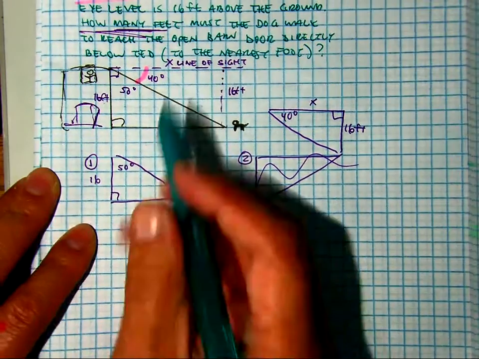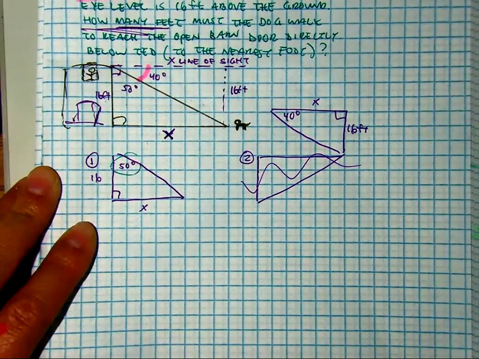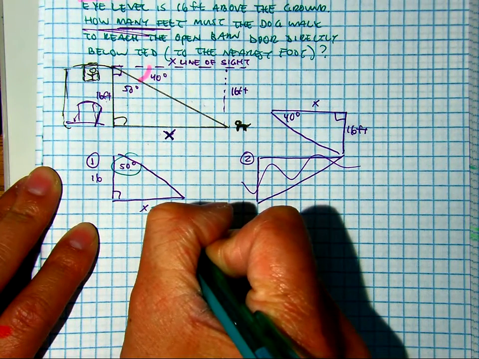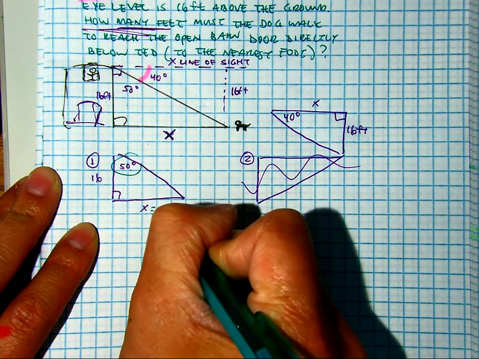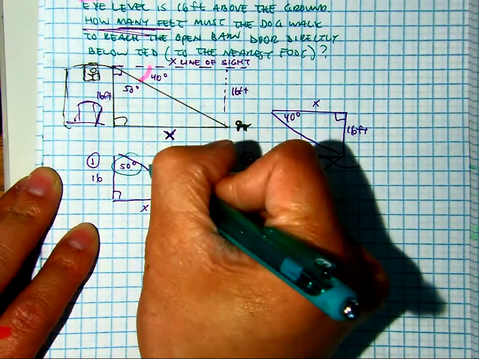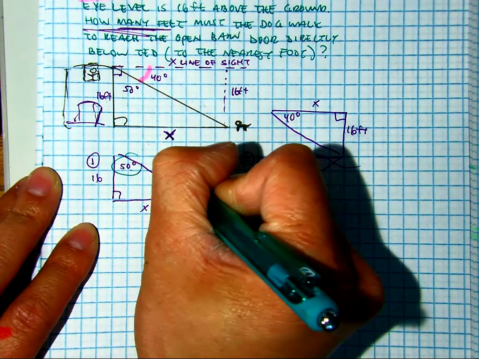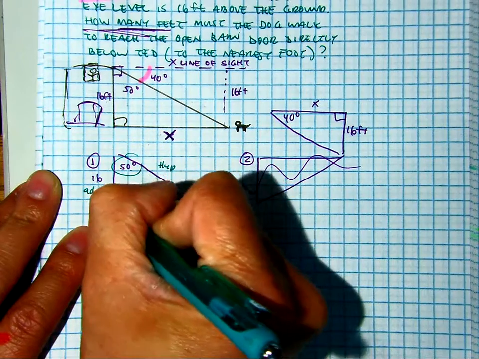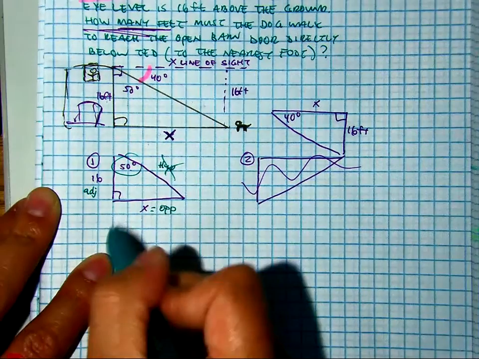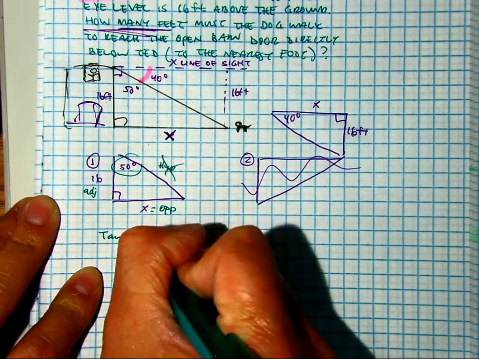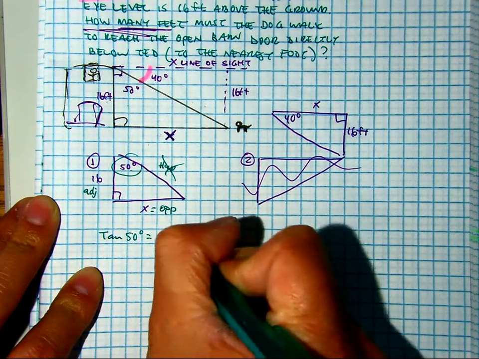So if I start here as my starting point, class, what side do you have? This is the opposite. This one is the hypotenuse. Therefore, this one's called the adjacent, means next to. So you're going to use which trig function here? Tangent of 50 degrees equals our opposite over the adjacent.